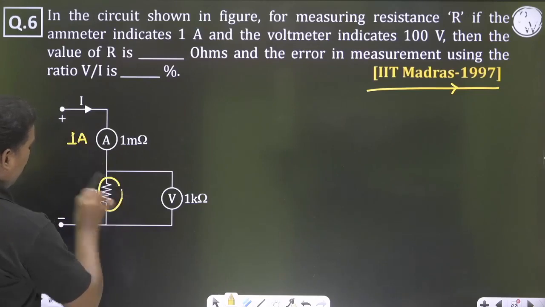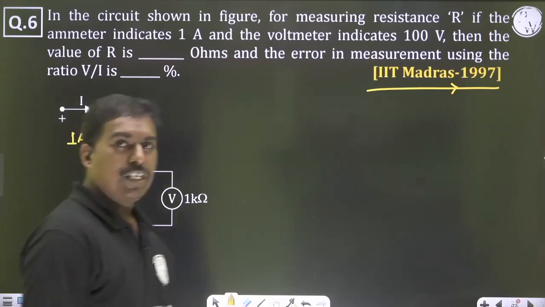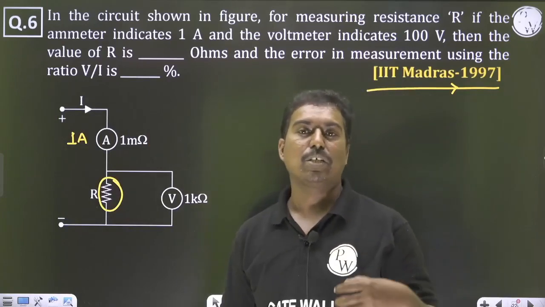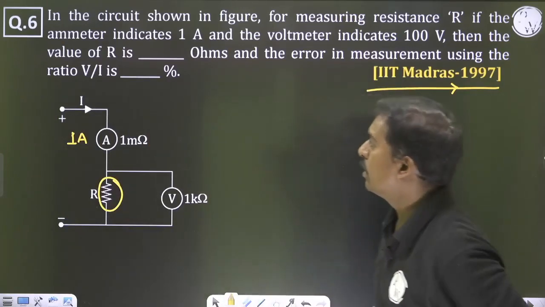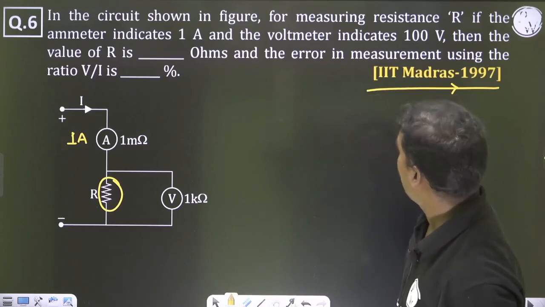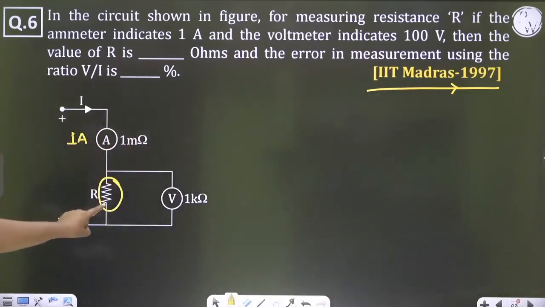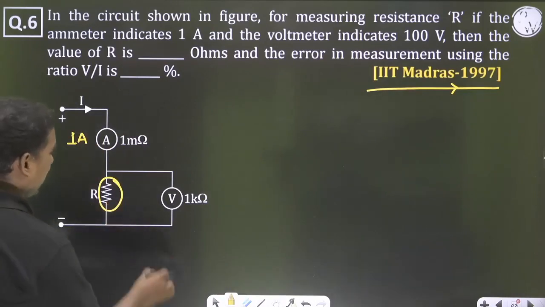Again, the same VI method. To measure the resistance we can use the V by I concept. The ammeter indicates 1 ampere and the voltmeter indicates 100 volts.